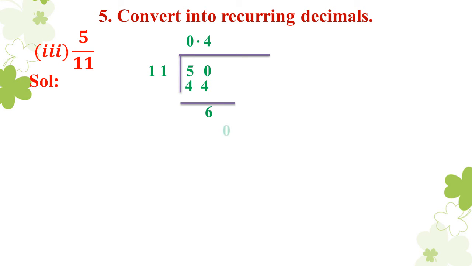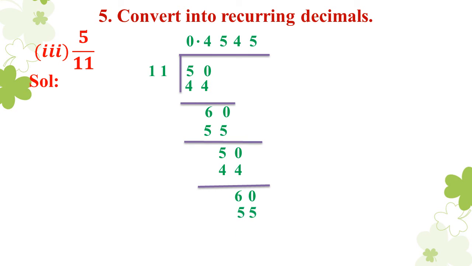We get the remainder 6. Here adding 0. 5 11s are 55. 60 minus 55, 5. Adding 0. 4 11s are 44. 50 minus 44, 6. Adding 0. 5 11s are 55. 60 minus 55, 5.